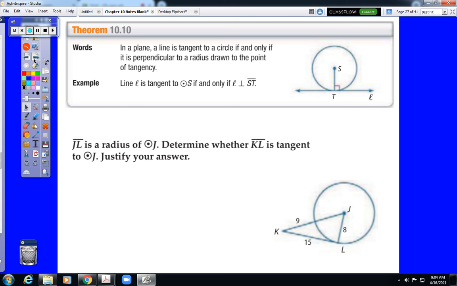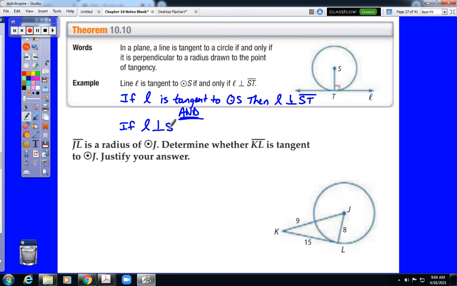In other words, if line L is tangent to circle S, then L is perpendicular to ST, and if L is perpendicular to ST, then L is tangent to circle S. That's what we mean by if and only if.